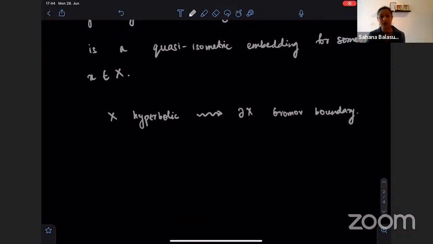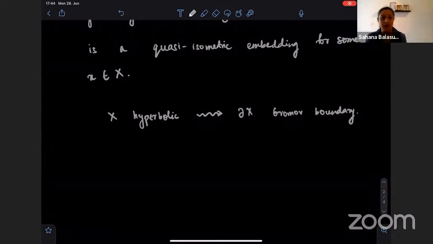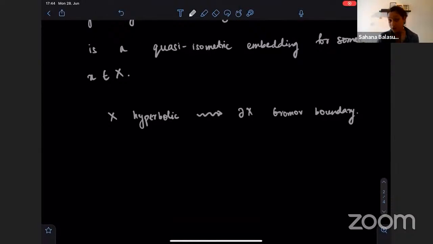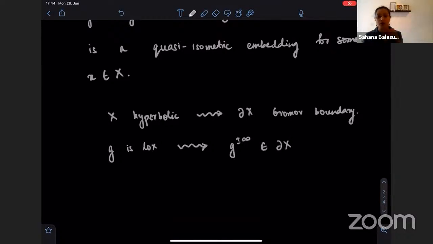I'm not going to get into the definition of the Gromov boundary because it's a bit technical and I unfortunately won't have enough time to get into all the details. However, if G is loxodromic, then that gives you these two points denoted by G to the plus minus infinity that belong to this Gromov boundary.